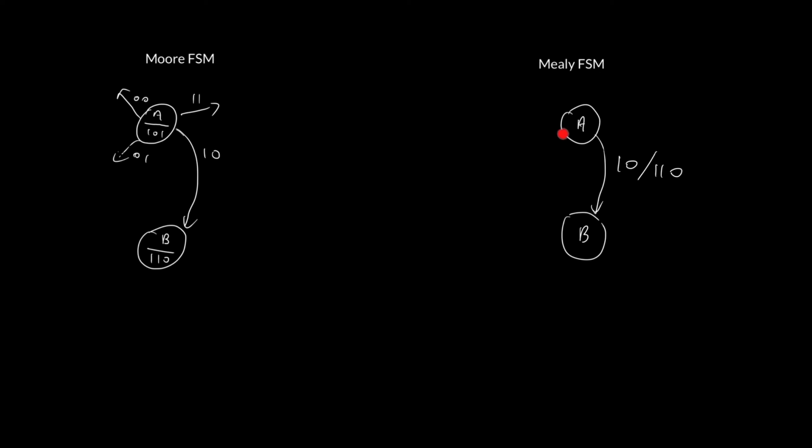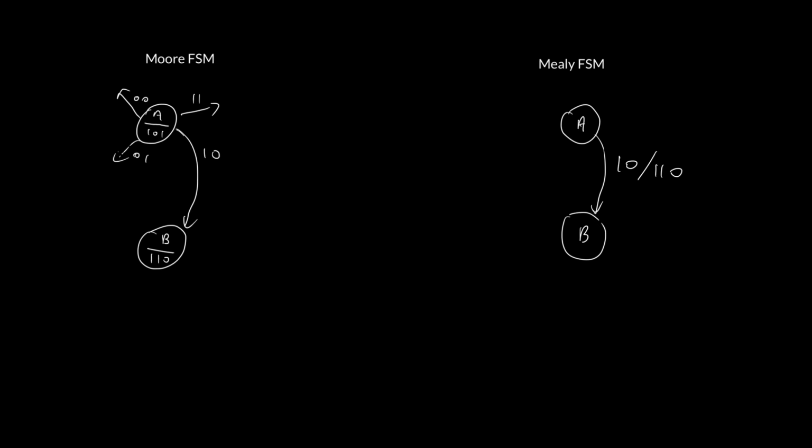Now I'll have other arcs coming out of here with different labels on them, and they will cover the 4 possible inputs. So when I'm in state A, I need to look at my 4 arcs coming out of state A. They will be labelled 0 0, 0 1, 1 0, and 1 1, the 4 possible inputs.